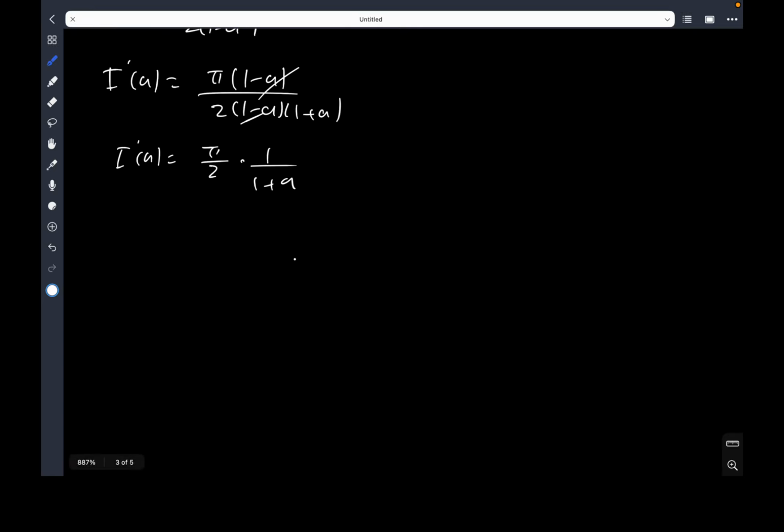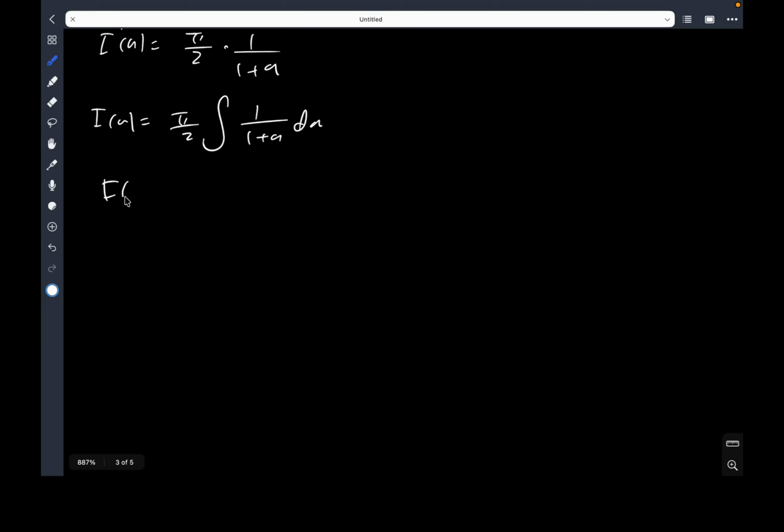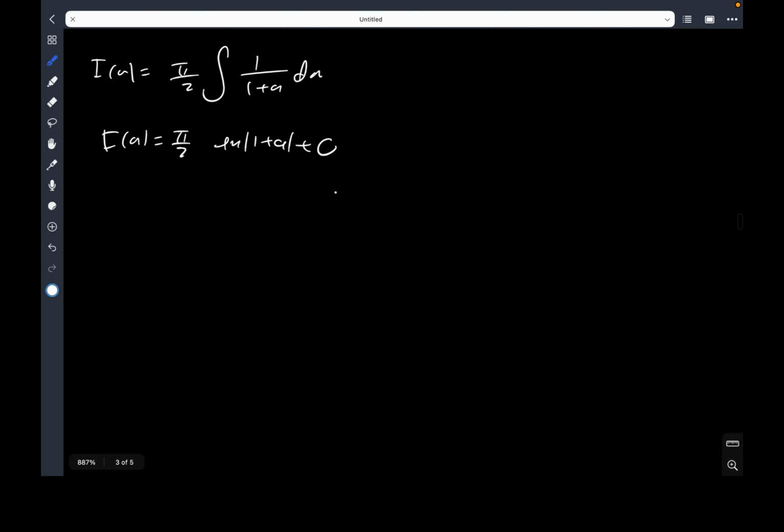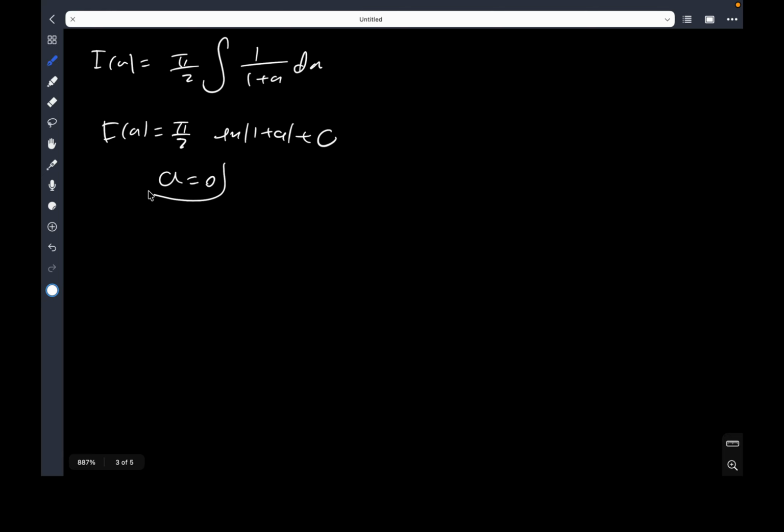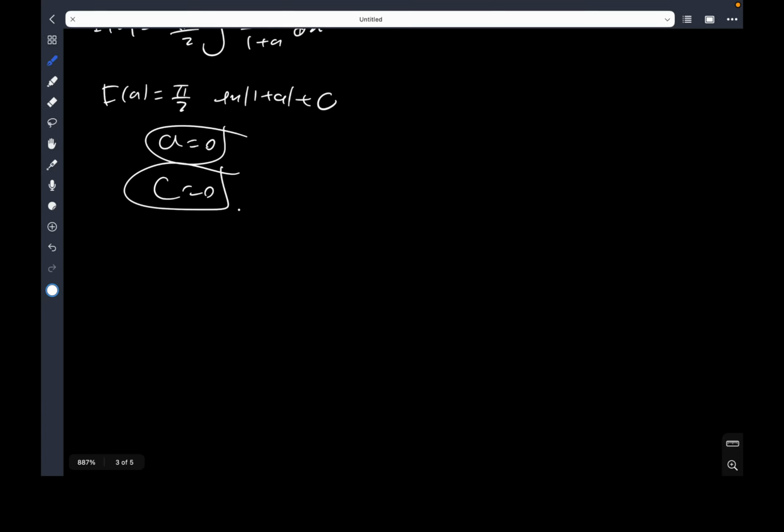If I integrate it, I of a is pi over 2 times the integral of 1 over 1 plus a da, so I of a is pi over 2 ln of 1 plus a plus C. You can use the same limit as before and let a equal 0. You'll find that C equals 0. Thus, I of a equals pi over 2 ln of 1 plus a.